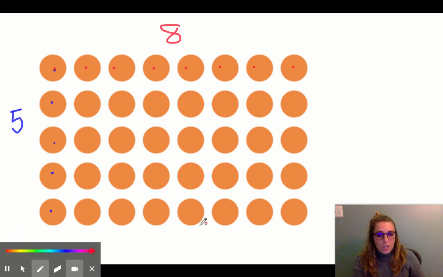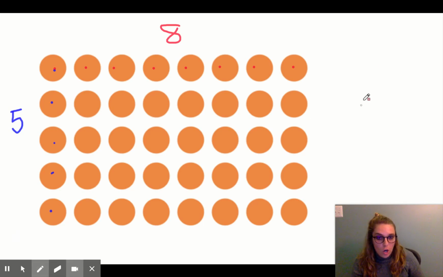What multiplication sentence, multiplication expression can I write to model this array? I'm going to give you 15 seconds to write it on your paper before I write it up here. When you hear the sound effect go off, that means you should be done. You have about 5 more seconds.